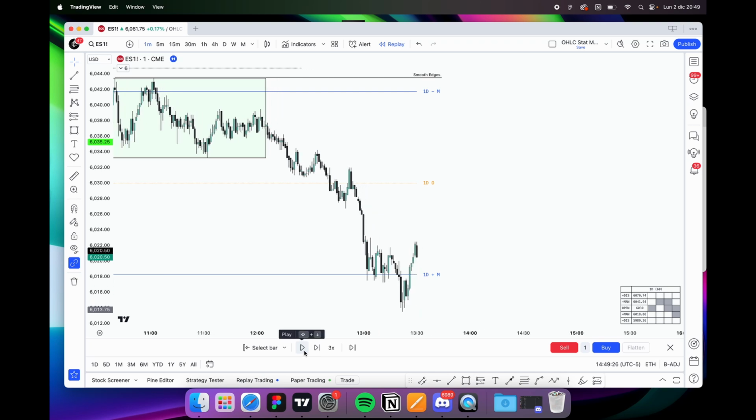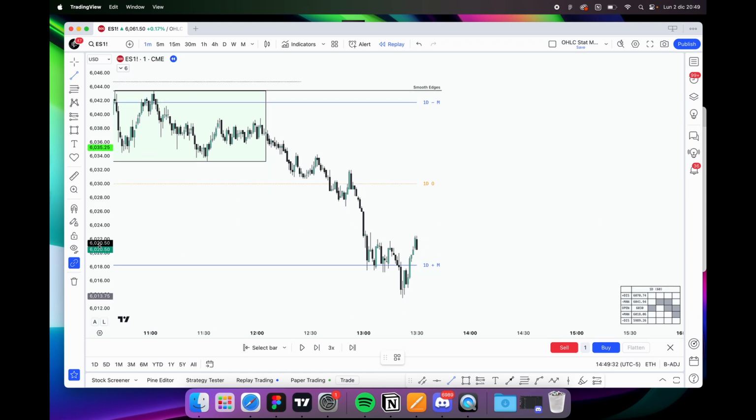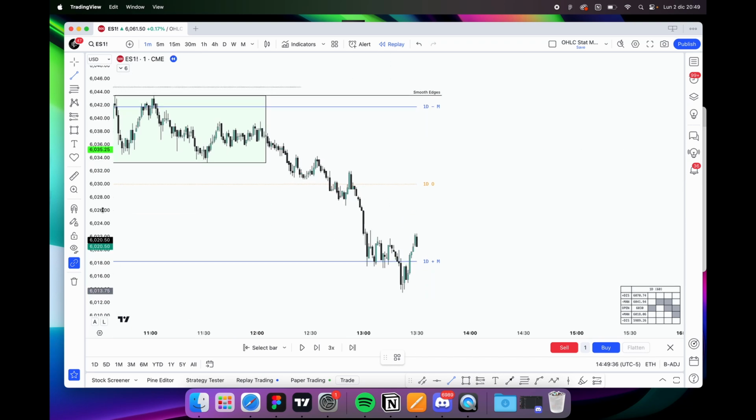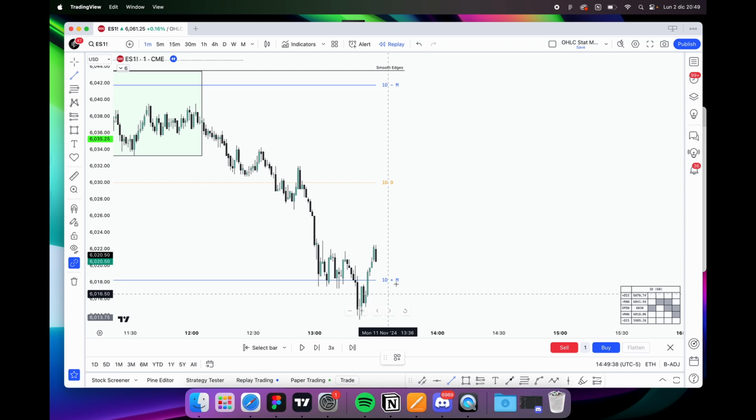So we have that move trying to move into the lower range, the minus distribution range, but we have the displacement we wanted to see with that piece of manipulation right at the plus manipulation level.